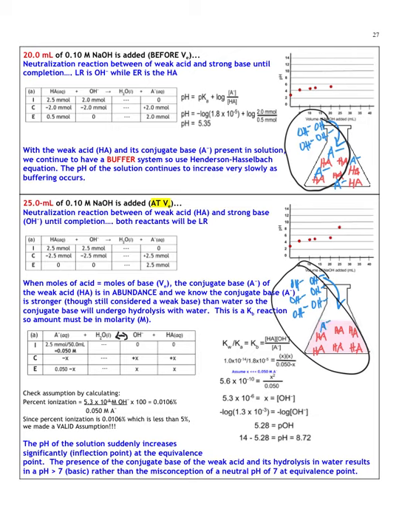How many? 6 of them. And be aware that this HA has all been consumed to form water and, sorry, A minus, the conjugate base of your weak acid. And there will be 6 of them.